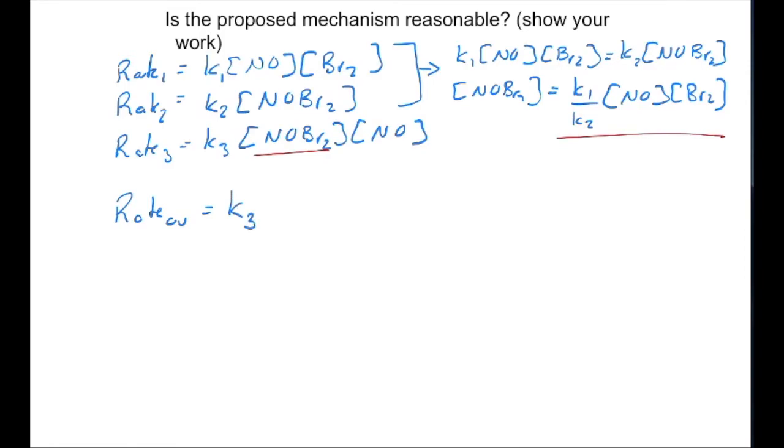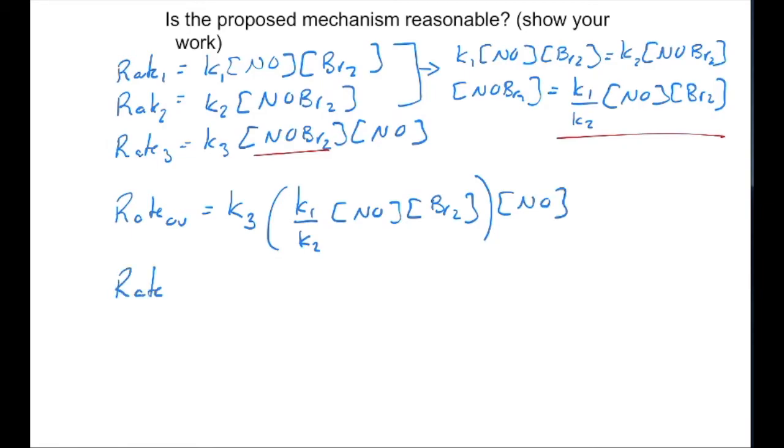And later on we can write it as K overall times K1 over K2 times NO and Br2. And then in our rate 3 we still have another NO up there. So our overall rate law is going to be K overall times the concentration of NO squared times Br2.